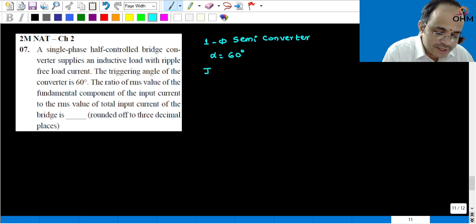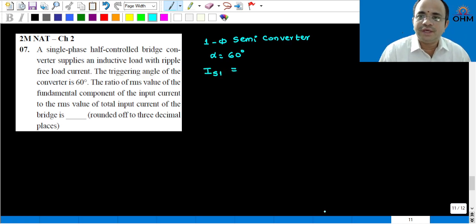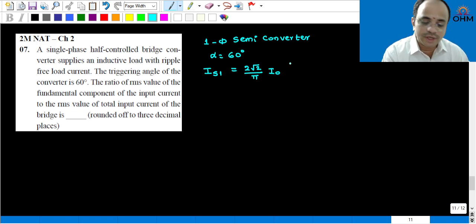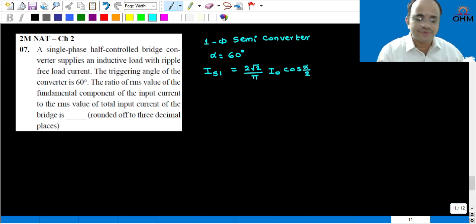So first let us find out the formula for the RMS value of the fundamental input current. It is 2 root 2 by pi into I naught, where I naught is the load current, multiplied with cos alpha by 2. Most of the students get confused in this question, as the load current is not given, how to calculate.